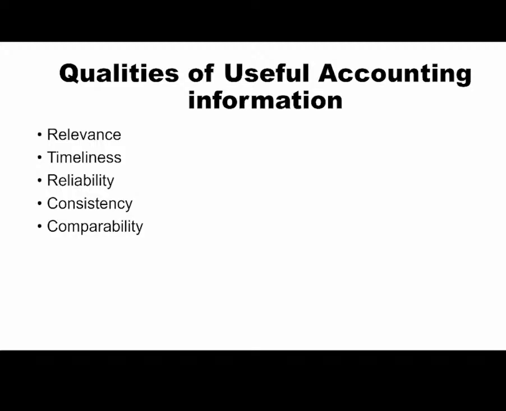Thus, it has to be recorded consistently, meaning the same accounting treatment for a given type of accounting data. Then it has to be comparable. In the absence of consistency, if you cannot compare accounting information from one period of time to another, then you cannot derive useful information in order to make operational decisions.